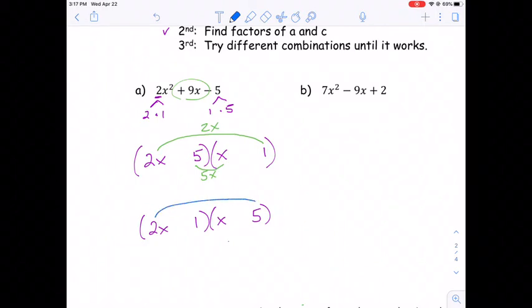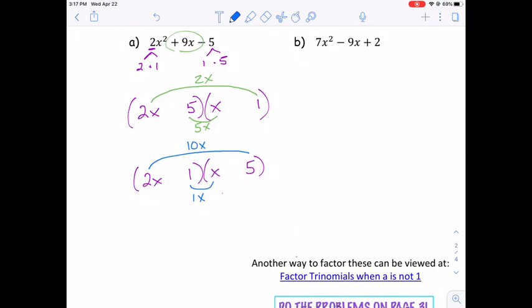2x times 5 is a 10x. 1 times x is a 1x. Can I add or subtract a 10x and a 1x to get that 9x? Yes, I can. So this is the one that I'm going to use. I just have to decide, where do I want my positive and my negative?